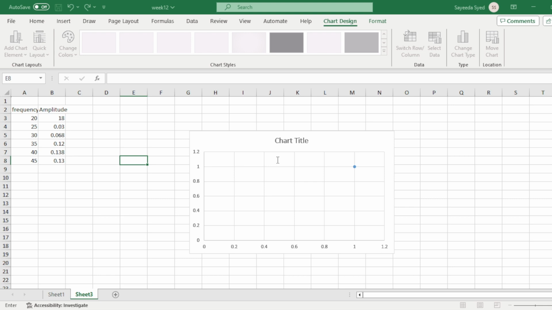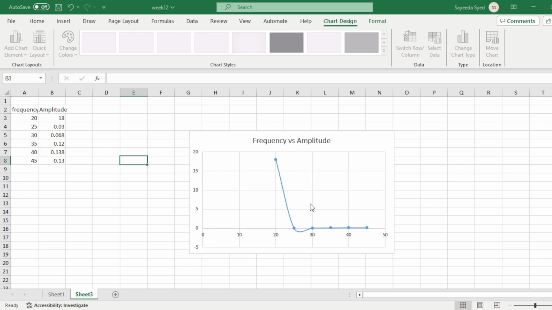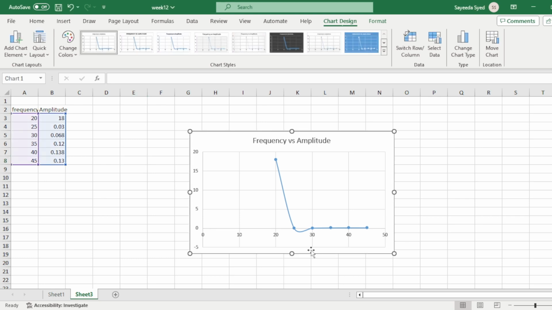X will be our frequency and Y will be our amplitude. No, I have to switch the frequency and amplitude. Did I do something wrong?